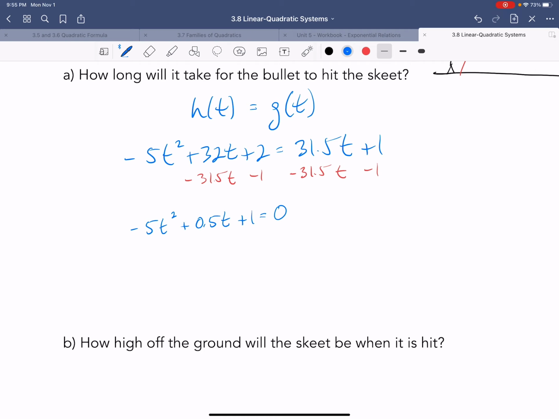So I'm looking for t, for time. So let's solve for t. I could either factor or use quadratic formula. Now, since there's a decimal in there, I'd probably just go straight to quadratic formula.